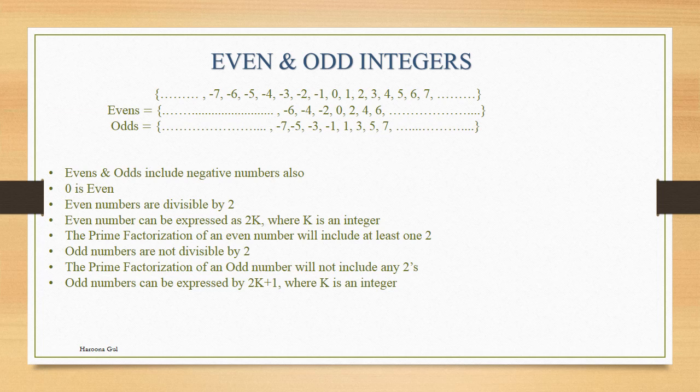The prime factorization of an odd number will not include any 2's. Odd numbers can be expressed as 2k plus 1, where k is an integer. For example, if k is equal to 3, then 2k is equal to 6, and 6 plus 1 is 7, which makes it an odd number.